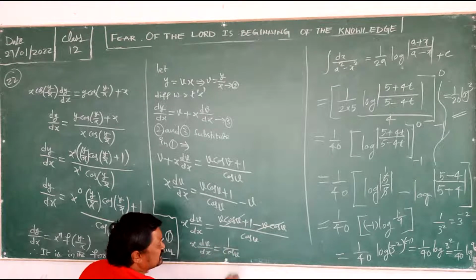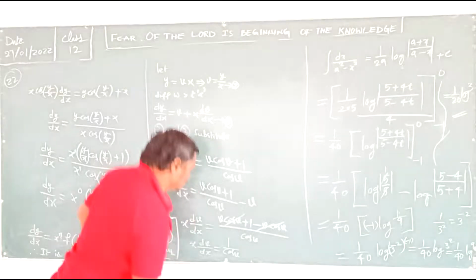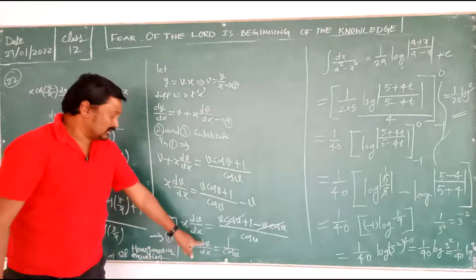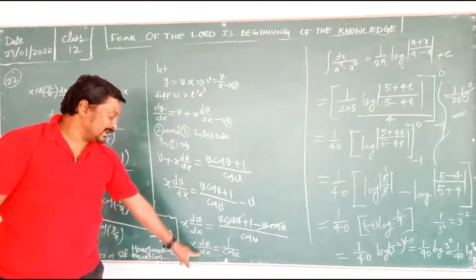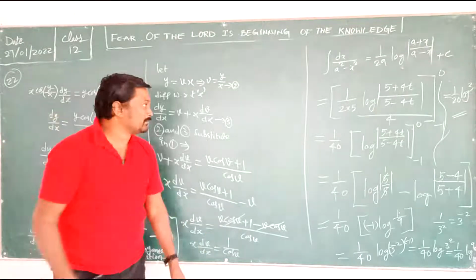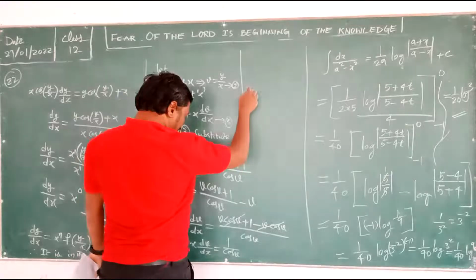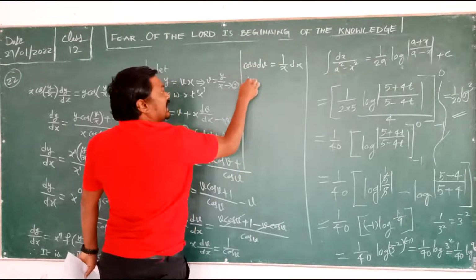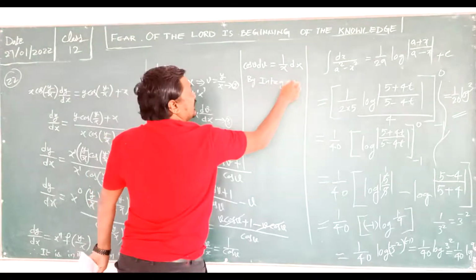This problem is an example problem, an important problem. Now this x, go to that side, 1 upon x, dx is dividing, go to that side, multiplication. So I'll write here itself: cos v dv equals dx upon x. By integrating, what do you get?